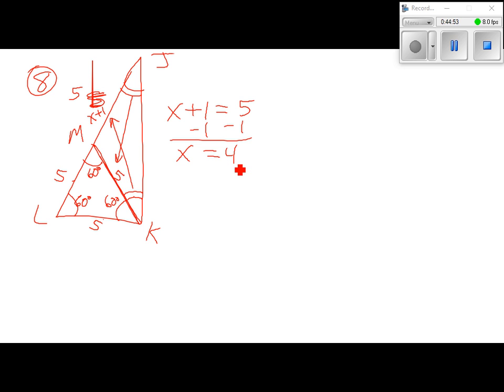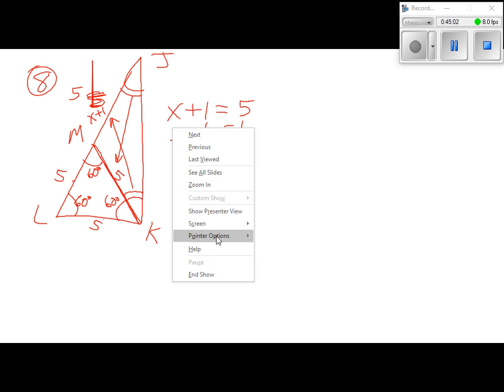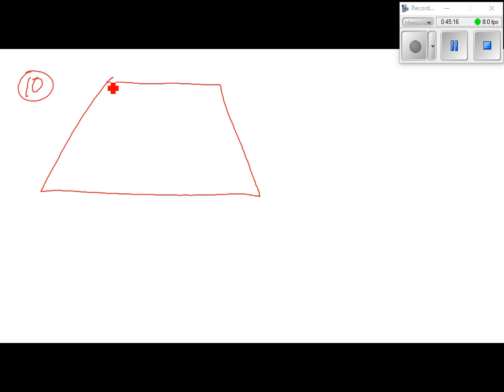Problem 10. And once one of you listens to Gavin, I'm not doing all the two-column proofs, so I'll do like 1, maybe 2, but I'm not doing them all for you.